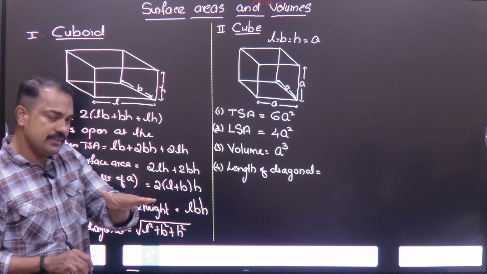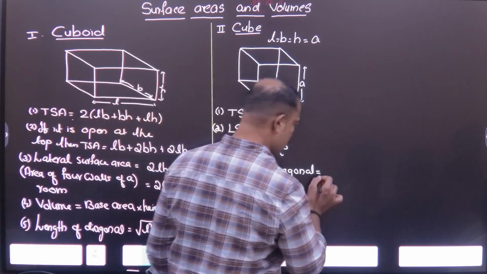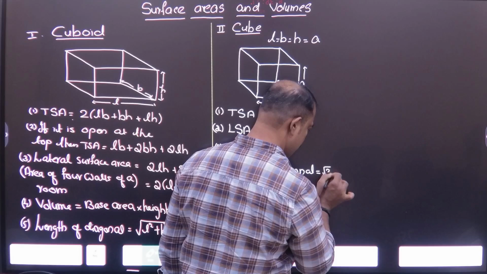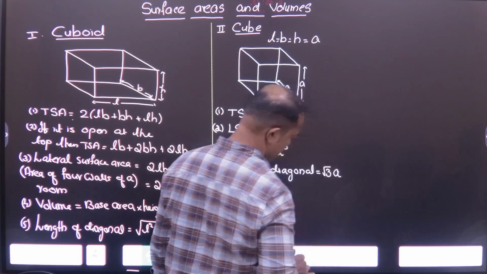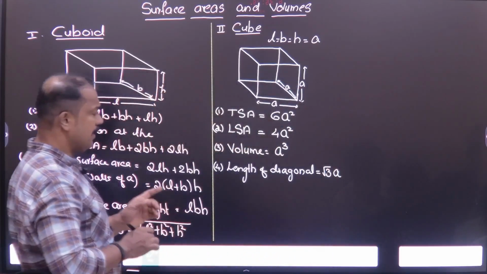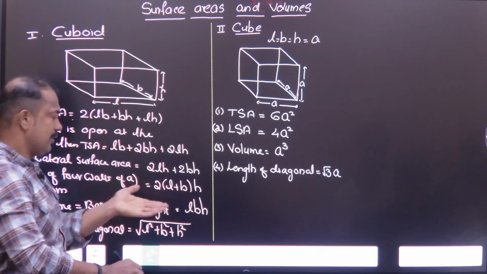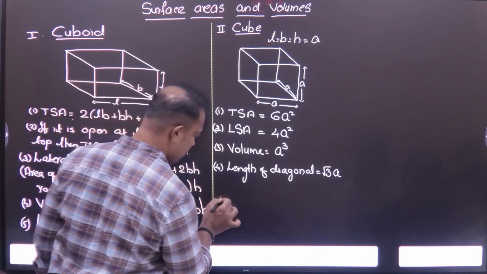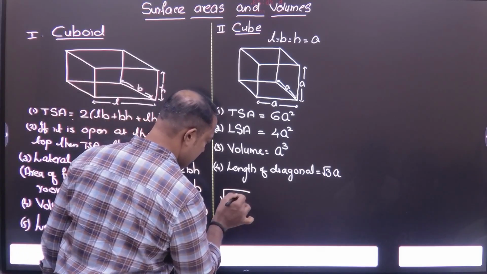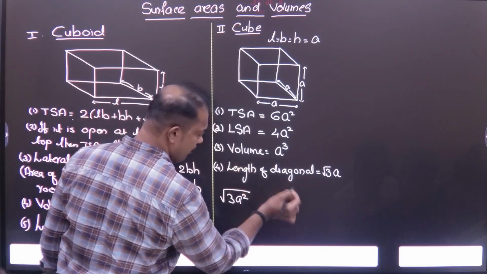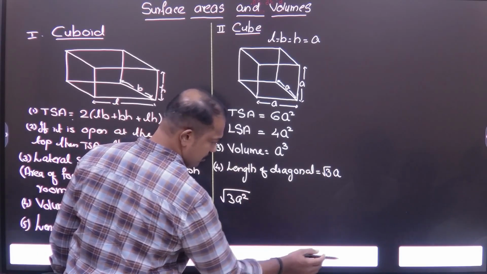A square तो बाहर लिख सकते हैं, तो क्या आंसर होगा? Root 3 A. अगर A square root के बाहर आए तो A है ना.